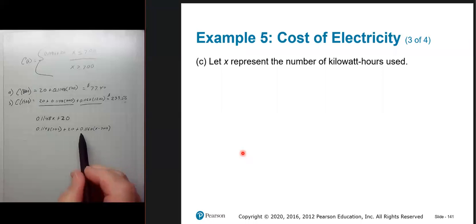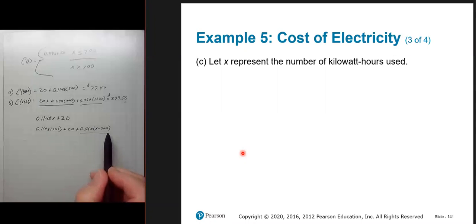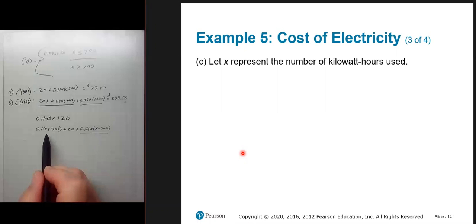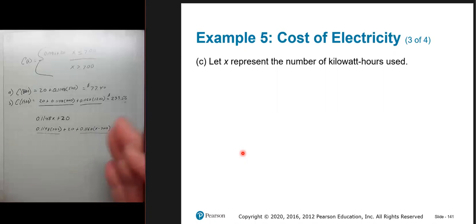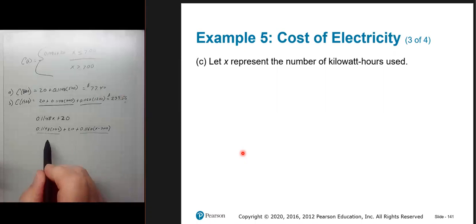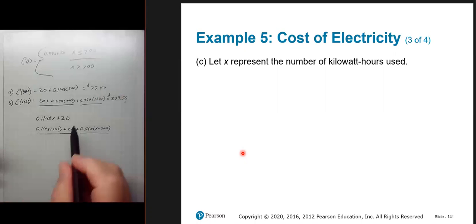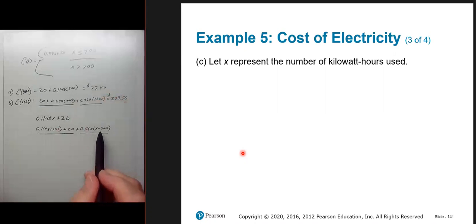So we're charging the first 700 at a different rate than the kilowatt hours over 700.